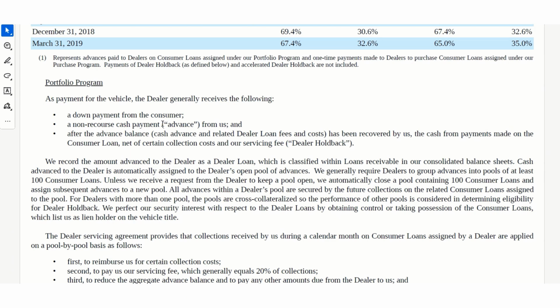Instead of them using the money from the account to give to the dealer, they're keeping the money from the account for themselves and paying the dealer probably like 30% of what's in the account, but not from what's in the account, but 30% of what would be of the account. And then keeping the rest for themselves. So that is shady right there.